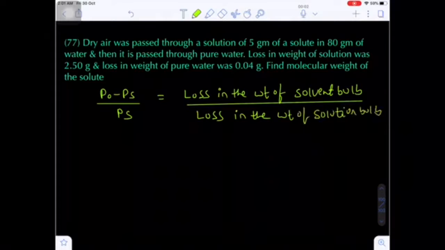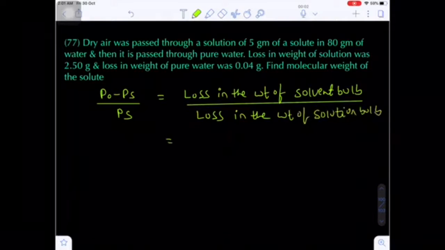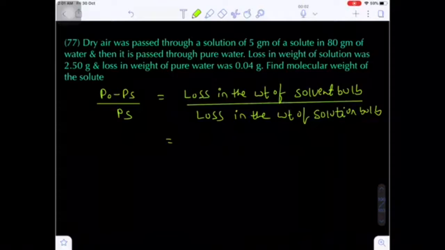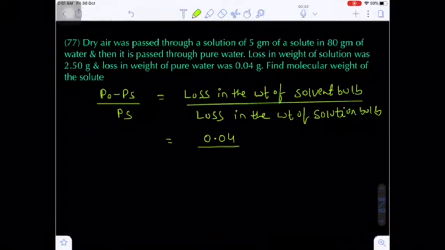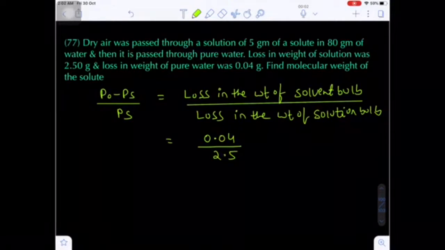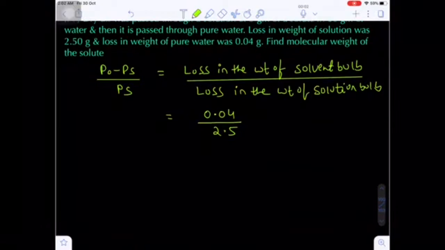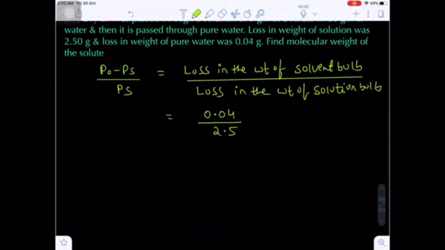Yes or no? Now what is the loss in the weight of the solvent? Solvent is water. How much is the loss in the weight of pure water? That will be 0.04 grams. And what is the loss in the weight of the solution bulb? That will be 2.5 grams. Now this is P0 minus PS upon PS.